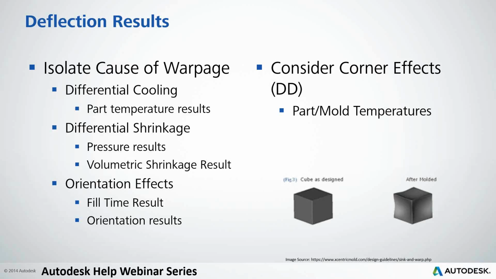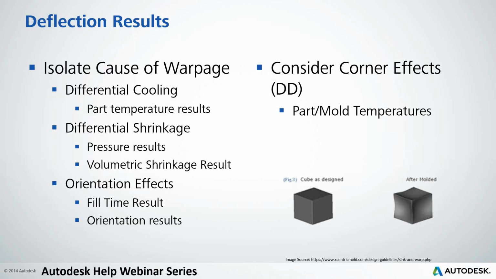So looking into part temperature, mold temperature results, they can help to identify where additional cooling or change of cooling channels might be needed to circle back and test run. The next one is the differential shrinkage.